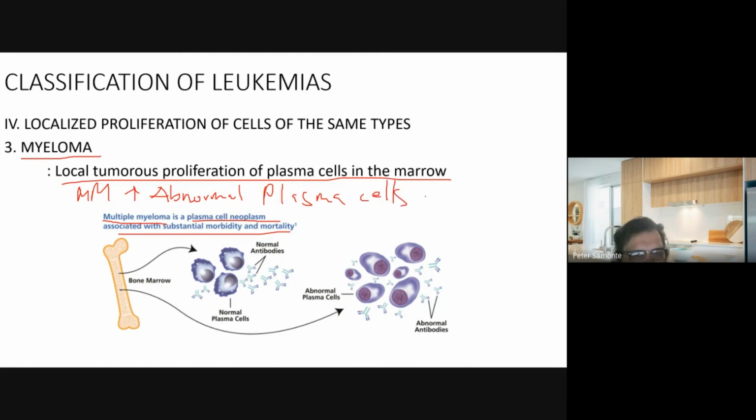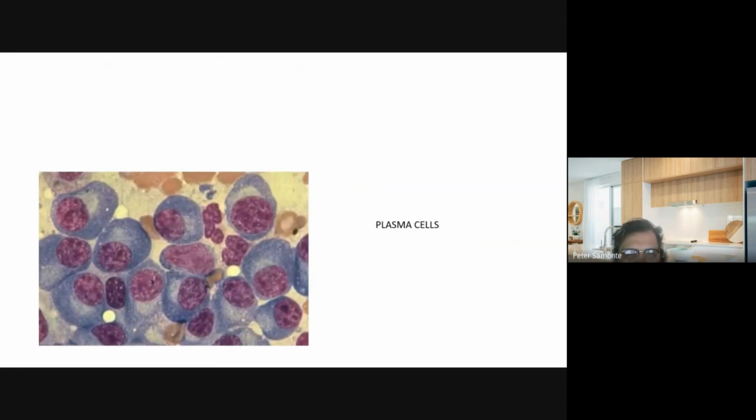And when you have increased abnormal plasma cells, it is expected to have increased abnormal antibodies. When the source of your immunoglobulins is abnormal, expect that your antibodies are also abnormal. That is your myeloma.